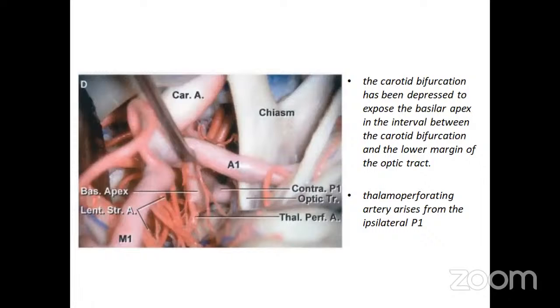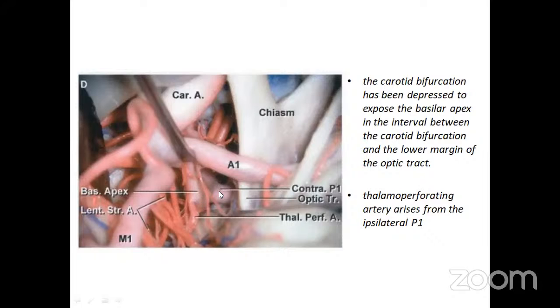Again, in this diagram, we can see the carotid bifurcation. This is the internal carotid artery. The internal carotid artery is bifurcated into the anterior cerebral artery and the middle cerebral artery. The carotid bifurcation is retracted, and we can appreciate clearly the basilar artery's apex, and it divides into two posterior cerebral arteries.